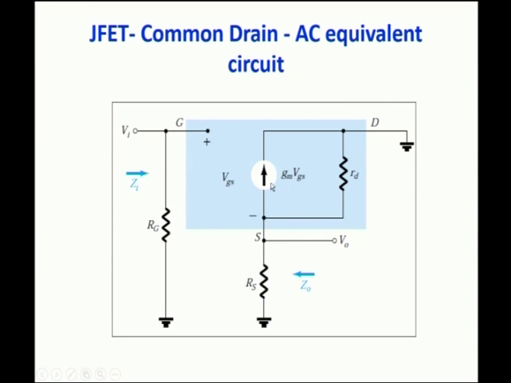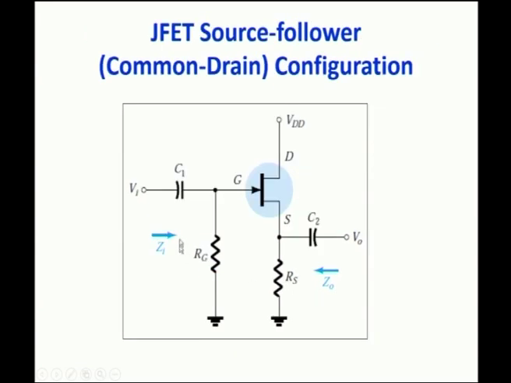If you draw the AC equivalent, this is the circuit. The FET transistor is replaced by its AC equivalent model, and these two resistances are externally connected in the circuit, RG and RS. RG is from gate to the ground terminal and RS is from the source to the ground terminal.